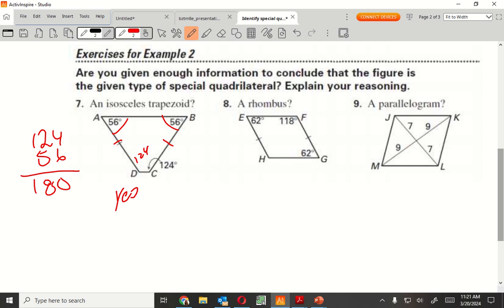Very good. Good job. It's a no. All the sides are not the same. I only know that these two are the same, right? I only know that those two are the same. These two are supplementary here. So that tells me it could be a parallelogram, but it doesn't say it's a rhombus, because in a rhombus, all sides have to be the same.